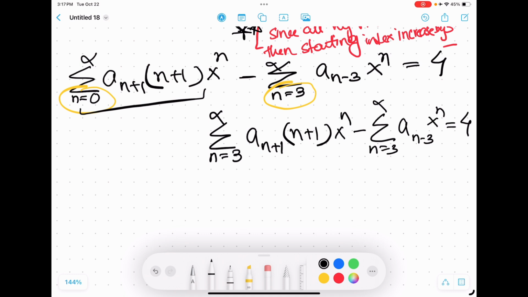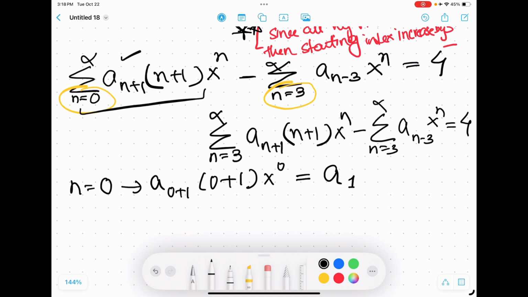We cannot lose any of the terms because they are part of this, right? So what we can do is explicitly write them separately, and add them in. So let's write for n equal to 0. When we plug in n equal to 0 over here, we get a sub 0 plus 1 times 0 plus 1 times x to the power 0, which is basically a sub 1.